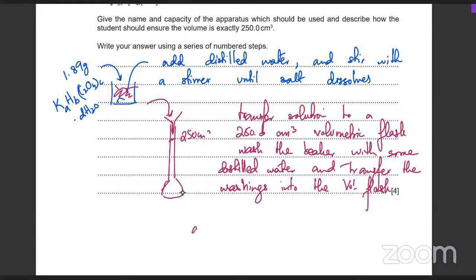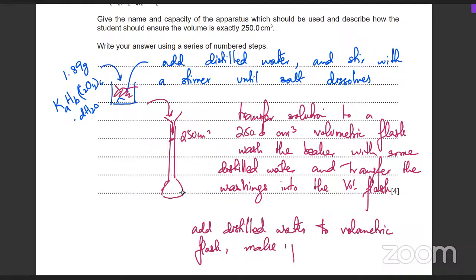So add distilled water to the volumetric flask and make it up to the mark, which is the 250 cm³ mark, and that's it.